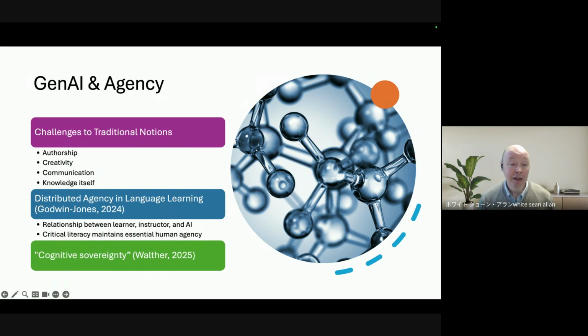I think we all would agree that maintaining human agency is essential as AI likely more and more participates in human society, right? And something I came across very recently, a need to maintain cognitive sovereignty. I kind of like that expression from an article by Walther that I have linked at the end. But so, things that I'm thinking about.